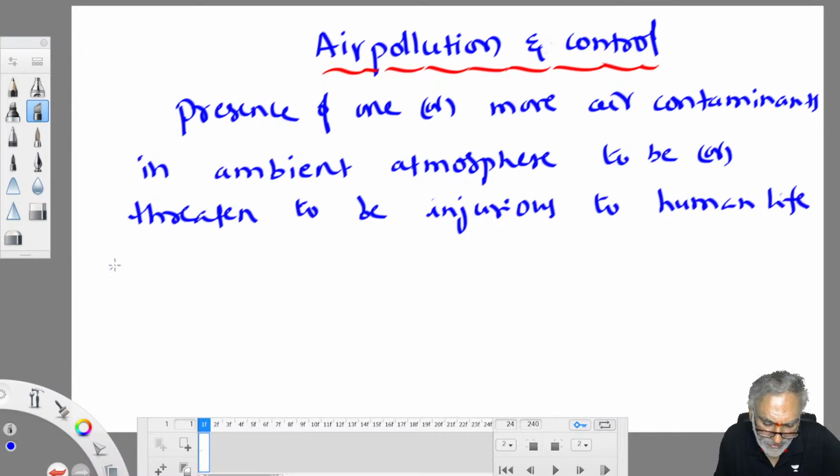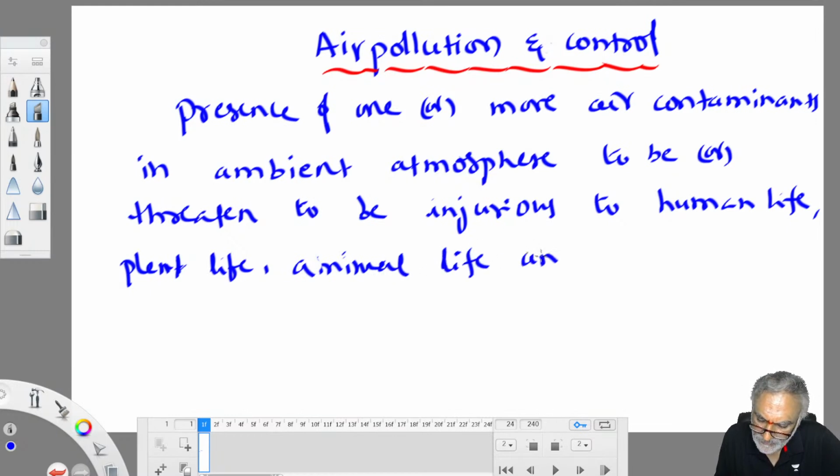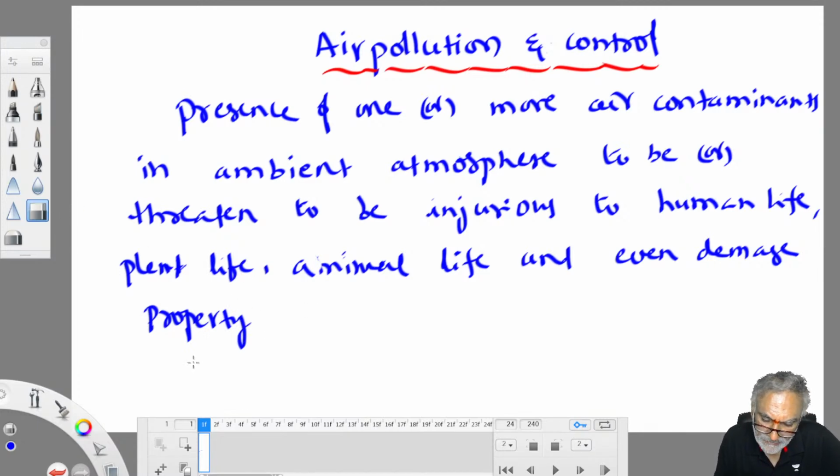Plants also get affected due to air pollution. Even damage to property. It is known as air pollution.